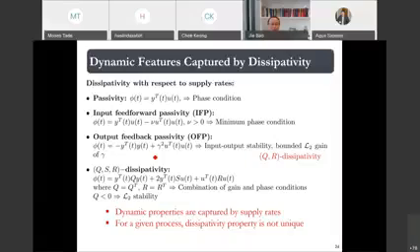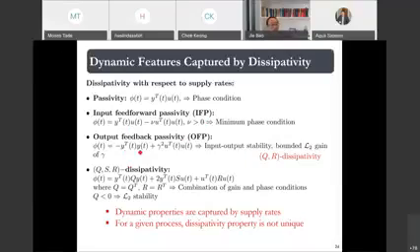And if we combine the first three types of different supply rate conditions, we can have a more general condition which is called QSR dissipativity. So if you look at the passivity, it's y transpose u. Input feed-forward passivity, you have y transpose u and u transpose u.